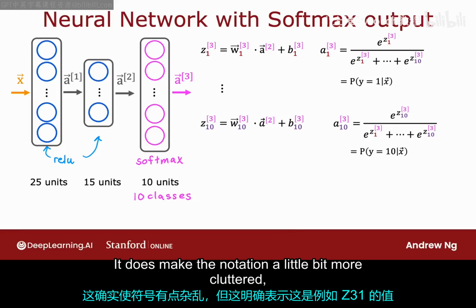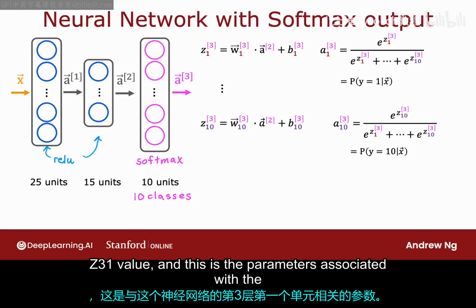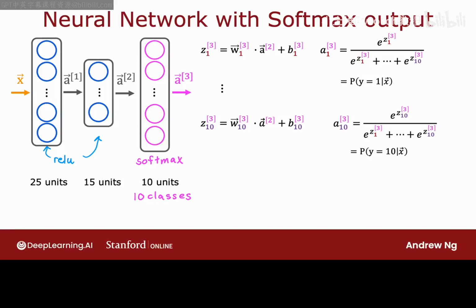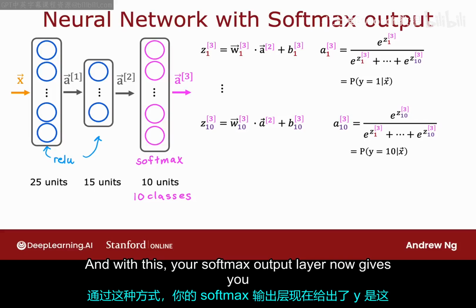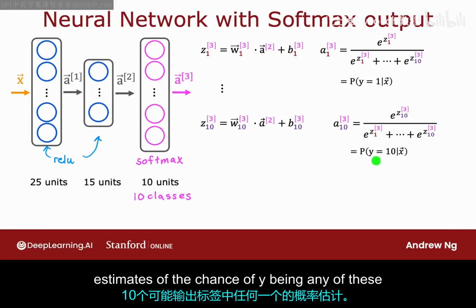It does make the notation a little bit more cluttered, but this makes explicit that this is, for example, the Z31 value, and this is the parameters associated with the first unit of layer 3 of this neural network. And with this, your softmax output layer now gives you estimates of the chance of y being any of these 10 possible output labels.